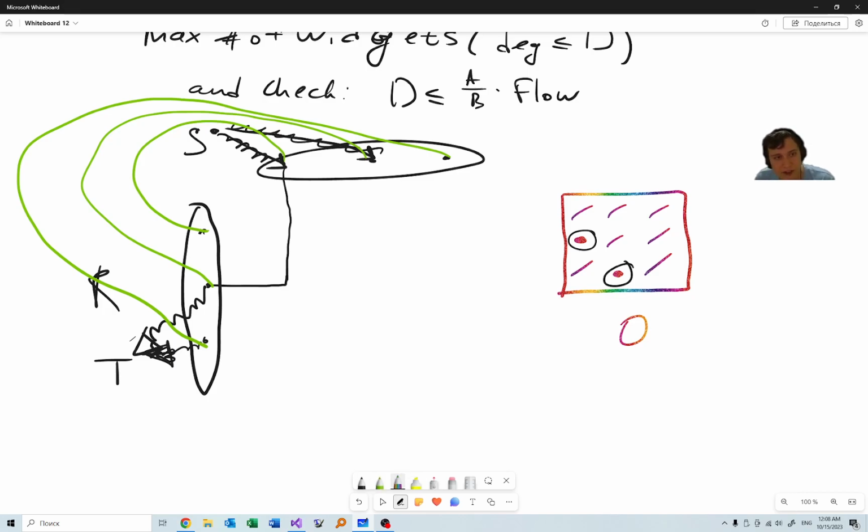Okay, in this picture, there is actually a flow of size 1. Yeah, I can draw it. First of all, you send 1 unit of flow here. Then you go through this edge. Okay, and finally you go here.